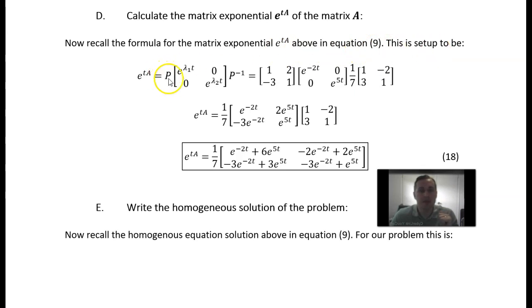This is set up to be P times that matrix with exponentials along the main diagonal, lambda 1 and lambda 2. And then notice that P inverse is here. So we put those matrices in. Don't forget that 1/7 from the determinant from the inverse. So let's put that 1/7 out front.